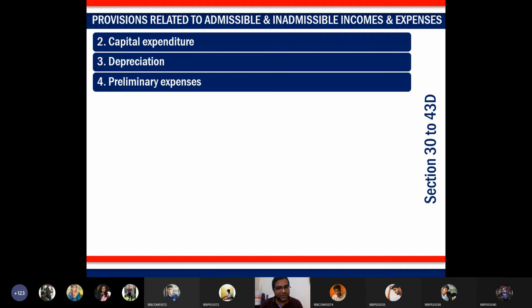So a sole proprietor will not issue debentures. A sole proprietor will not issue shares. For a sole proprietor, an incorporation certificate is not there. The only item that will come under preliminary expenses for a sole proprietor is survey expenses. Marketing and survey expenses are also considered as preliminary expenses.